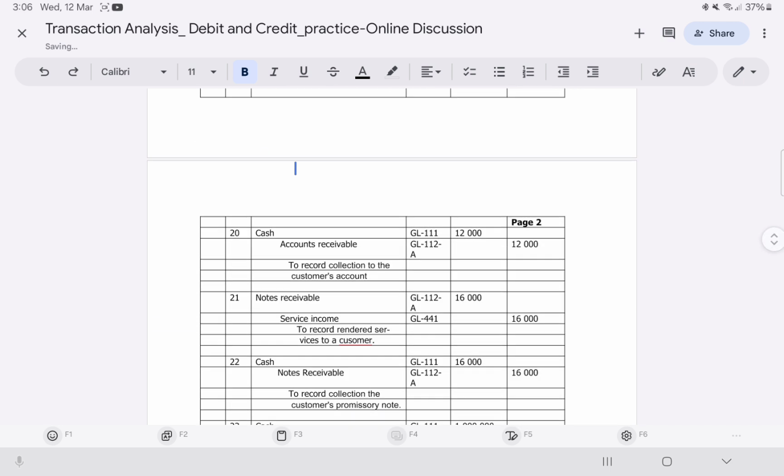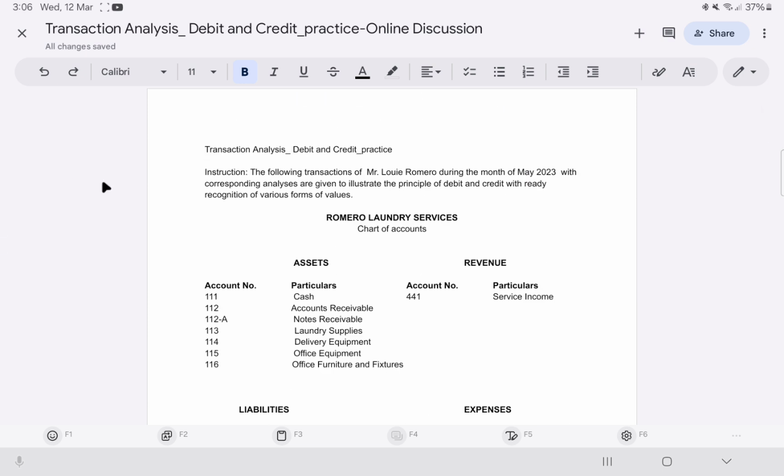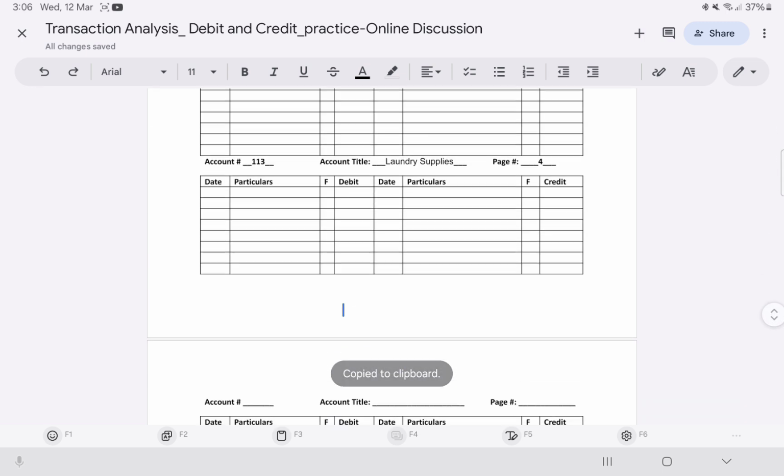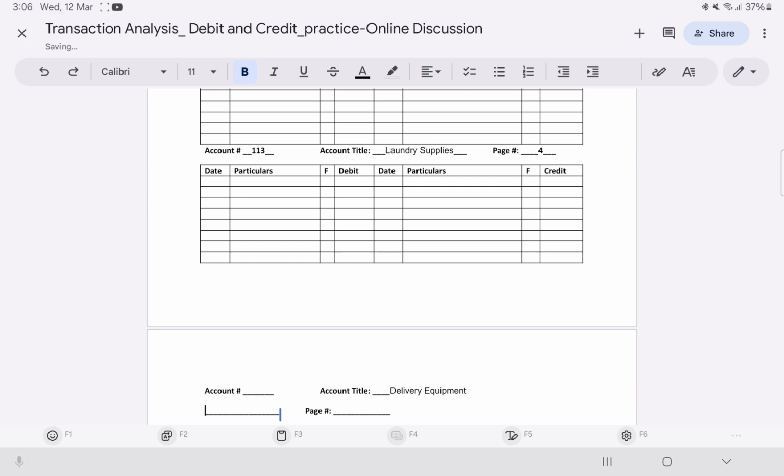Okay, the next, let's post first the assets with their account numbers and accounting titles. Next to laundry supplies is delivery equipment, 114. Okay, 114, then page 5.